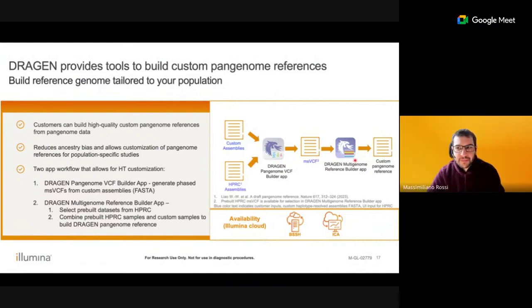Okay. The encoding of the haplotypes is a proprietary data structure, so it's different from the encodings that are publicly available.